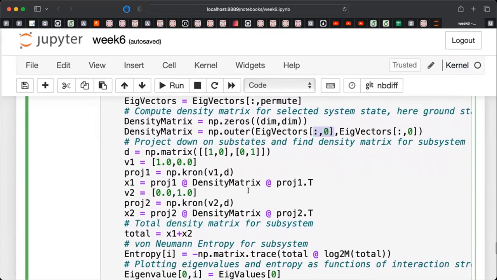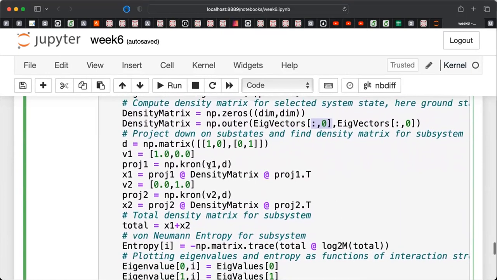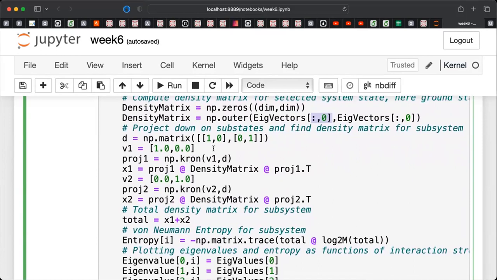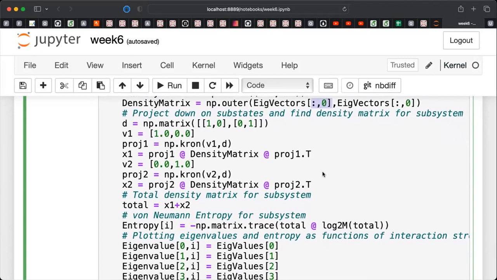And then I'm setting up the projection of the density matrix for the subsystems. This is now given by this projection operator, which we discussed last week. It's multiplied with the density matrix and the projection transposed, as we discussed last week when we put up the equations on the whiteboard.